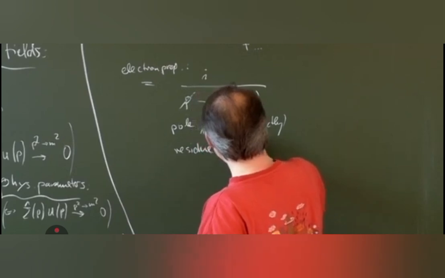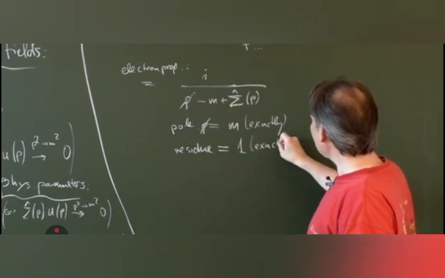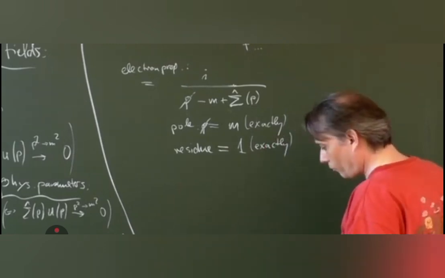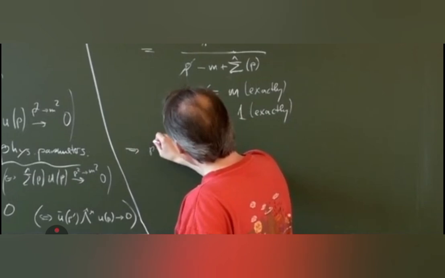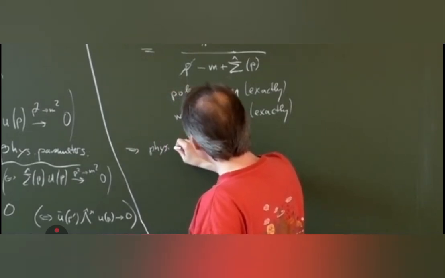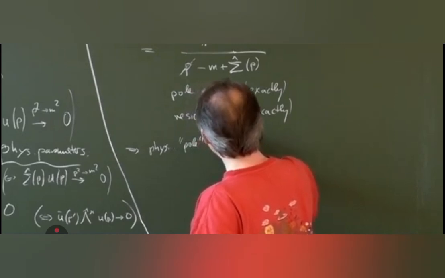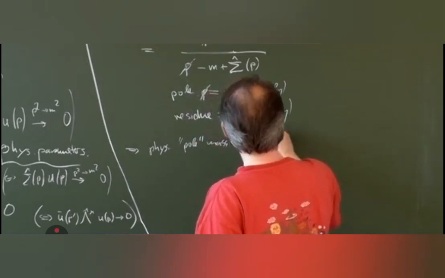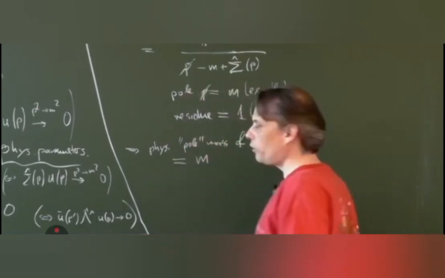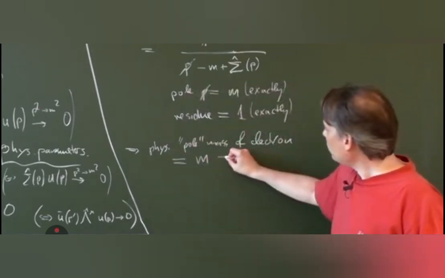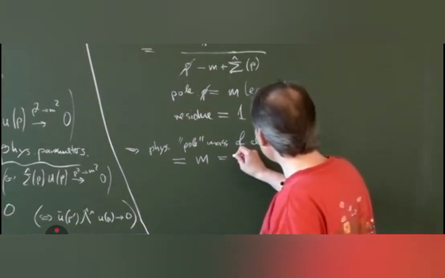So the residue is 1 in these units, again exactly. So the consequence is that the physical measurable so-called pole mass of the electron is exactly equal to m, where m is the input parameter of our theory, the renormalized mass.